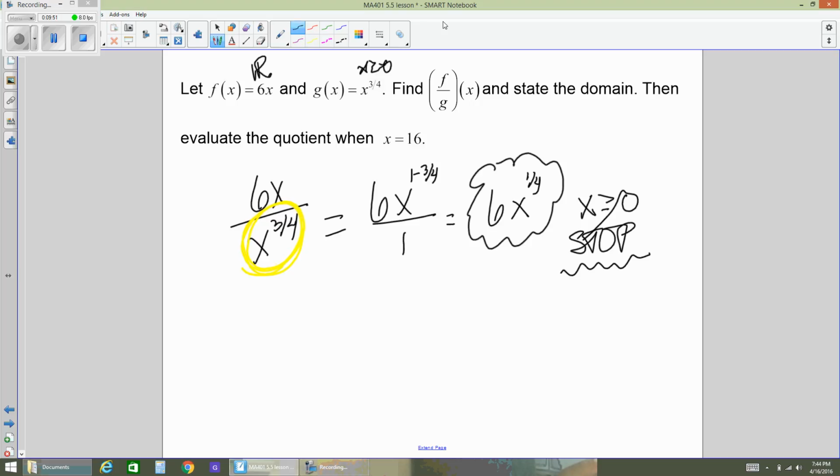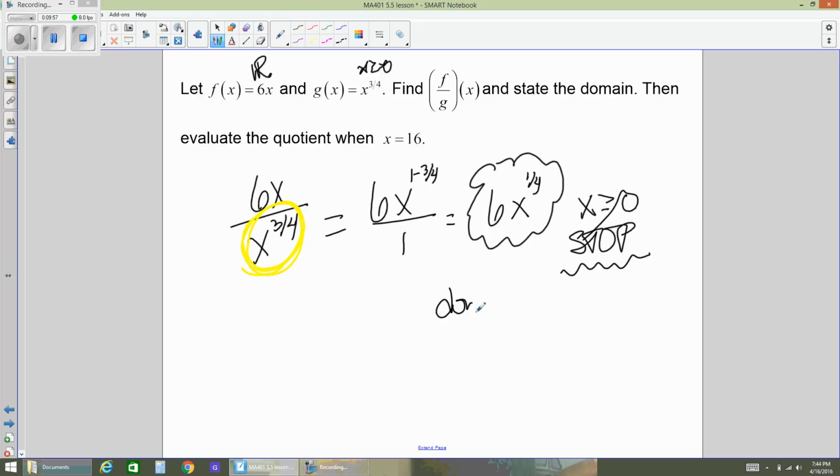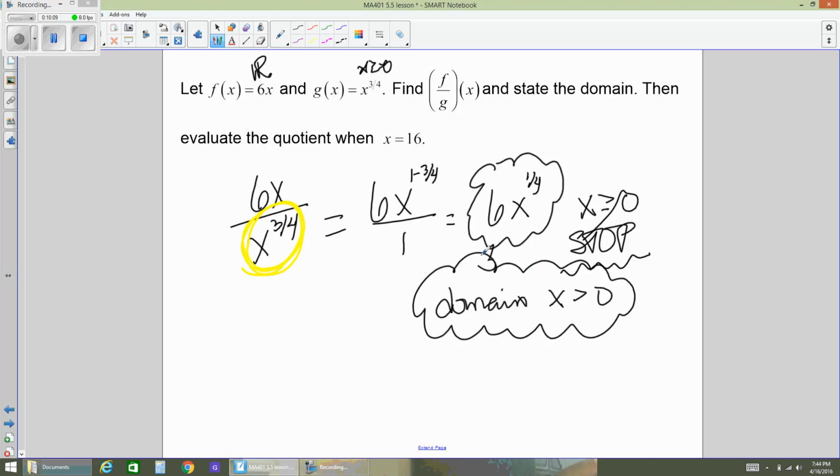Now that means it's not allowed to be a 0 in the denominator. So my domain this time is only x's that are greater than 0. Not greater than or equal to, only greater, because you're not allowed to put a 0 down there.